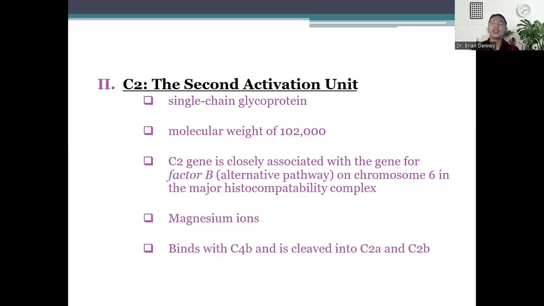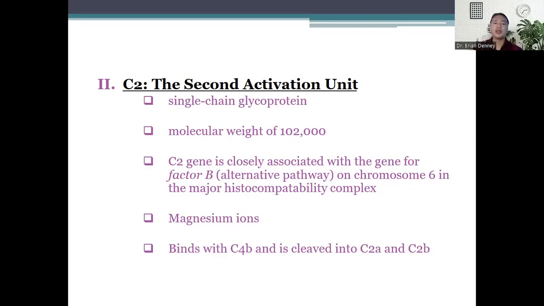And the function of your enzyme is to actually cause proteolytic cleavage of that complement protein to become activated. So your C4b would actually cause cleavage or proteolytic cleavage of your C2, which is considered the second activation unit.